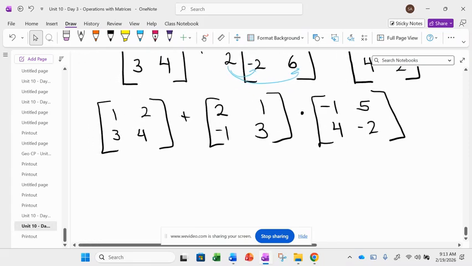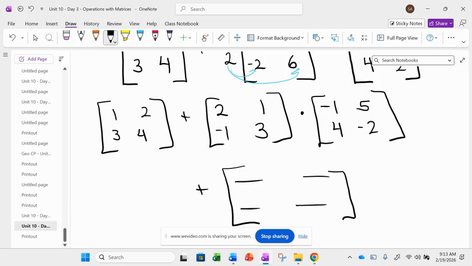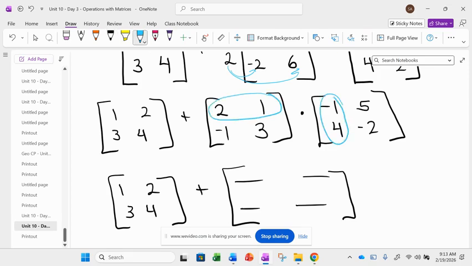So I have a 2 by 2 times a 2 by 2. Do we agree we're going to end up with a 2 by 2? So I have my first row and my first column. So I'm going to have a negative 2 plus 4.